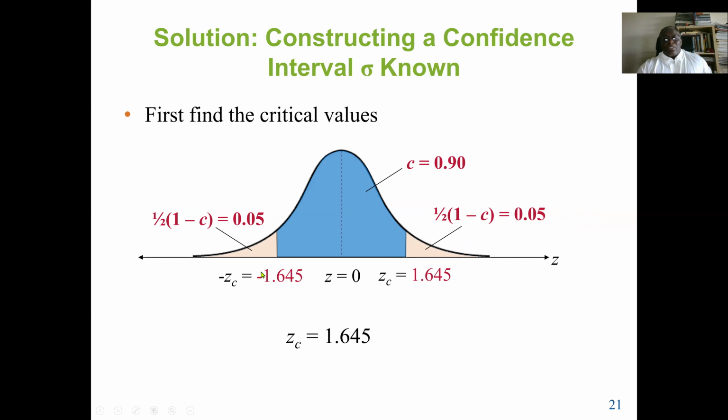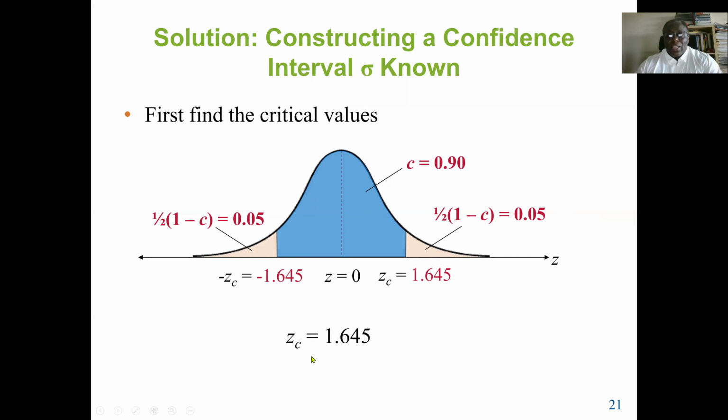So we have our Z values. Based on this, we were able to get negative 1.645 and again positive 1.645. We get these values from our standard normal table.